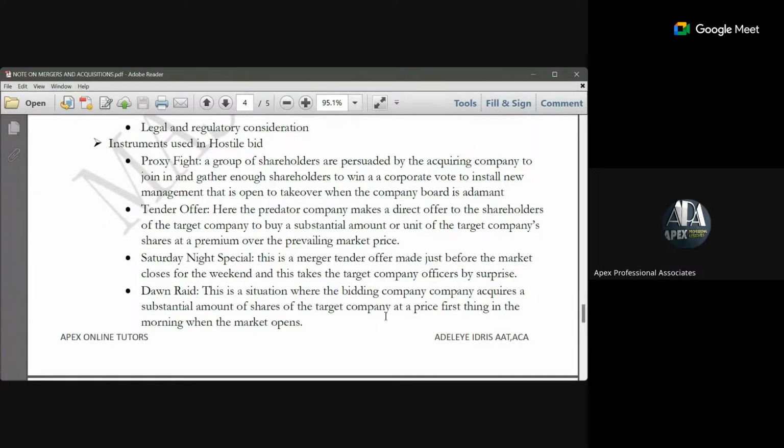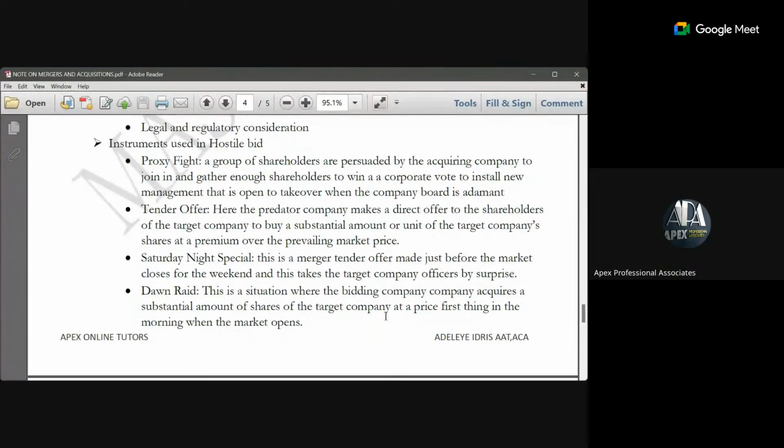We also have Saturday night special. This is a type of merger where the acquiring company, before the market closes for the weekend, proposes a tender offer.